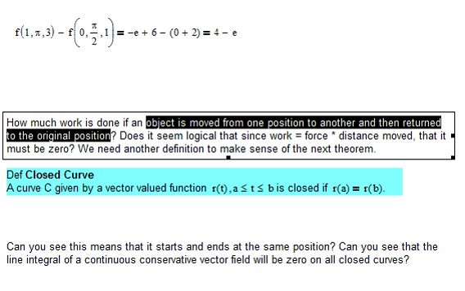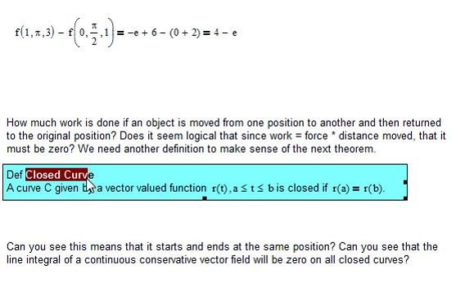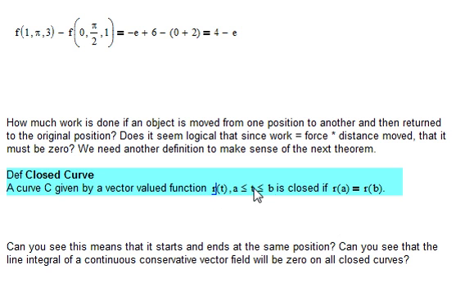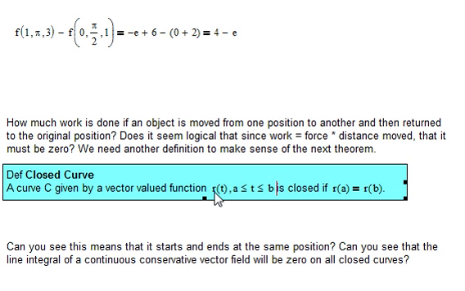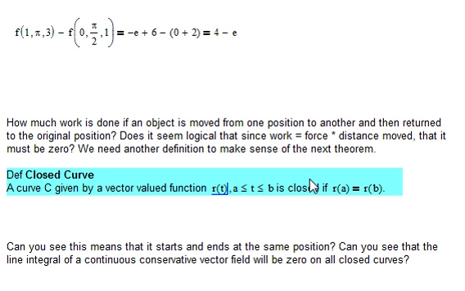So we need one more definition to make sense of the next theorem. A closed curve, a curve C given by a vector valued function r of t equals x of t i plus y of t j plus maybe z of t k, with t going from a to b, is closed if r of a equals r of b.